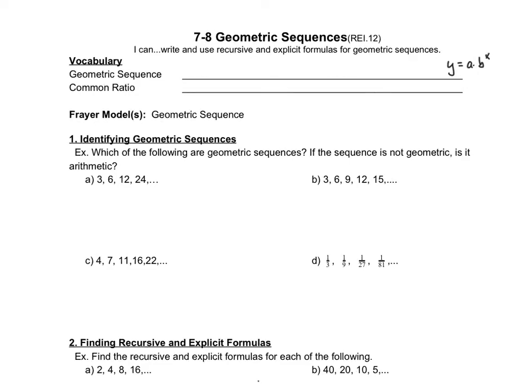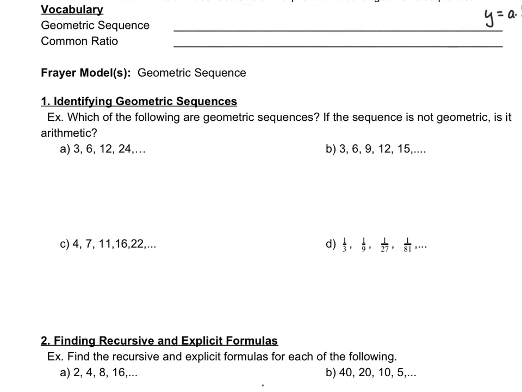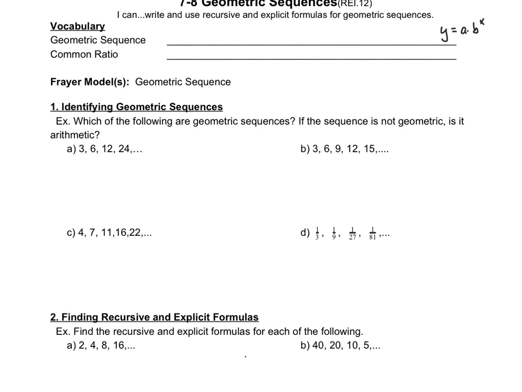So as we get through this, being able to identify the initial value and the common ratio matters. It reads, which of the following are geometric sequences, and if the sequence is not geometric, is it arithmetic? Well, we know from before that arithmetic sequences have a common difference. We take one term and subtract the previous term from it to see if there's a common difference.